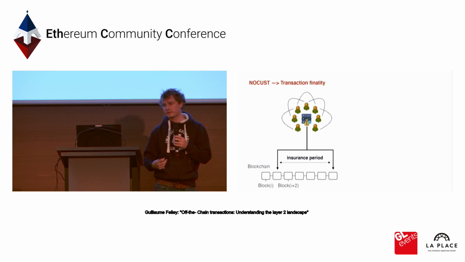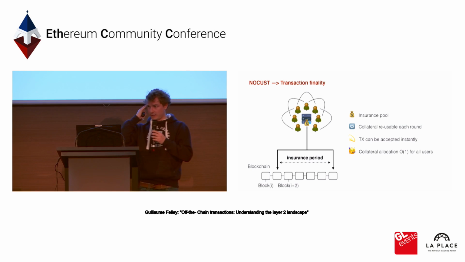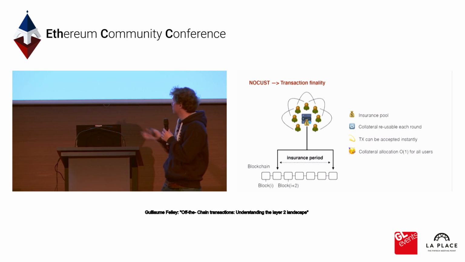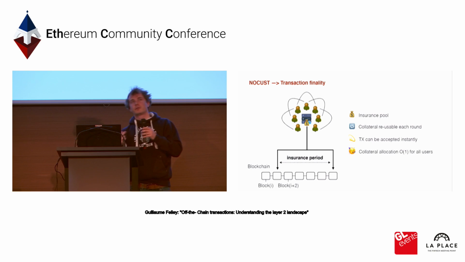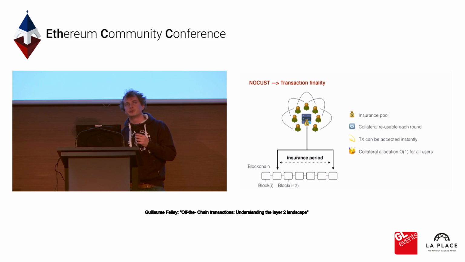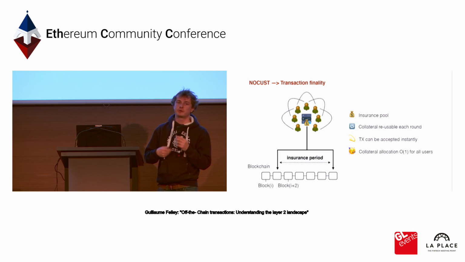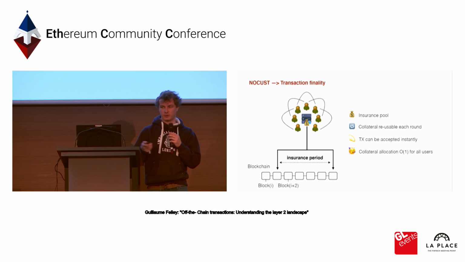If I receive 1 Ether, I can go to the collateral pool and take 1 Ether from there if the next checkpoint is incorrect. The collateral is reusable each round, so it's fairly efficient. This way you get instant transaction finality, which is a big improvement over the current blockchain user experience, where you need to wait for transaction confirmation and inclusion into a block and so on.